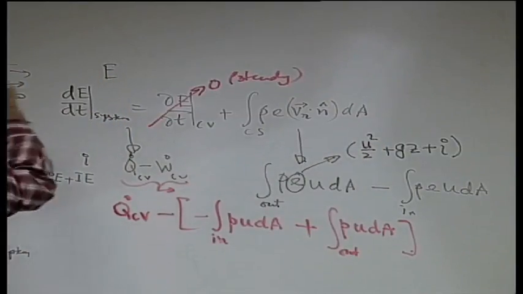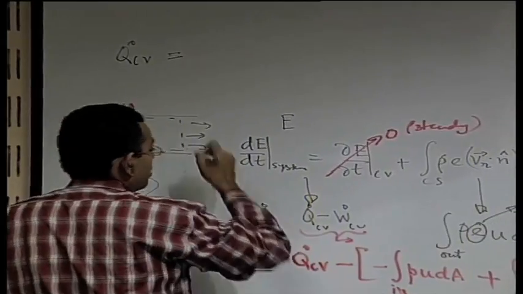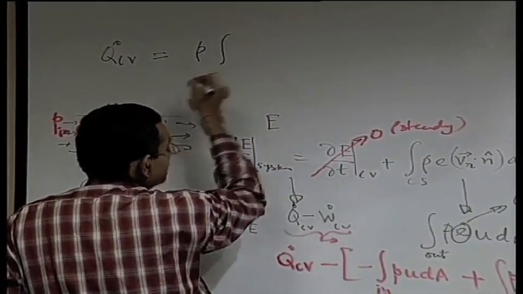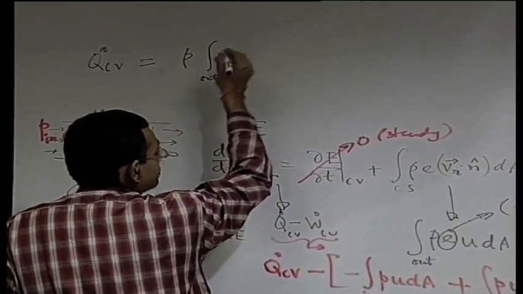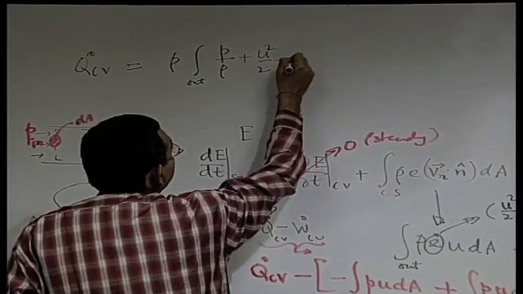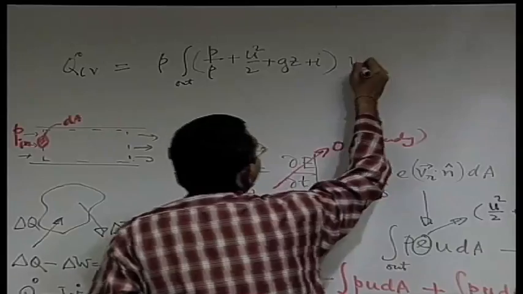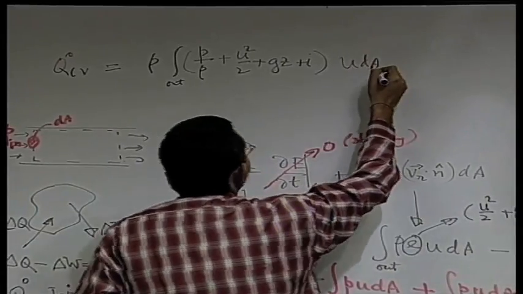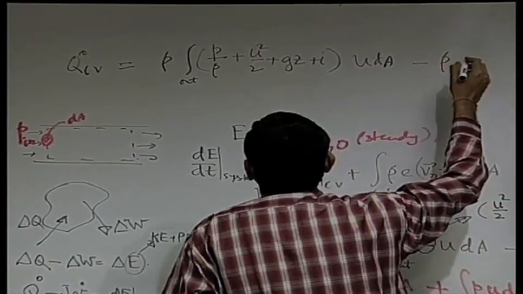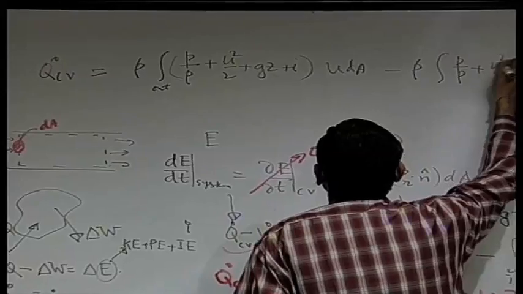So if you take rho outside, then you have integral of p by rho plus u square by 2 plus gz plus I, into u dA, the same thing for the inflow.